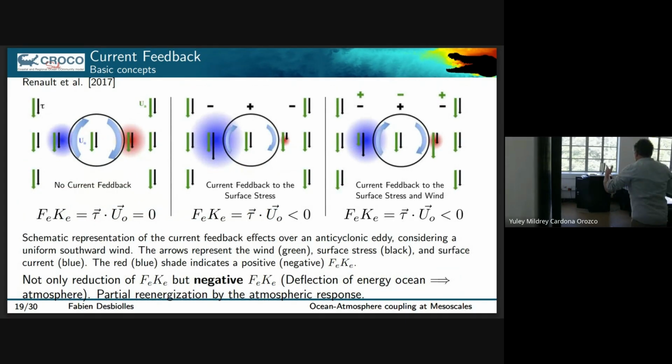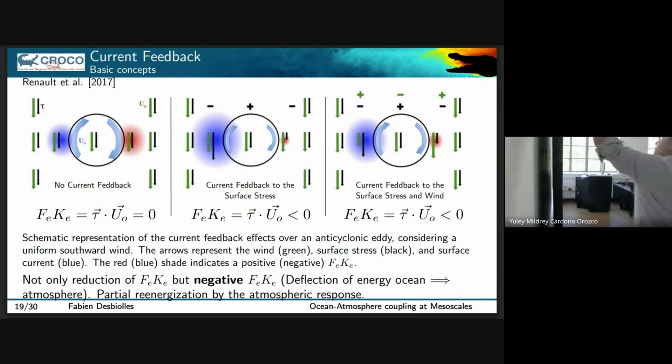So here, some basic concepts to show you the meaning of taking into account or not the ocean current, to know the effect of that current feedback. Here we have a sketch where the green arrow represents the wind.